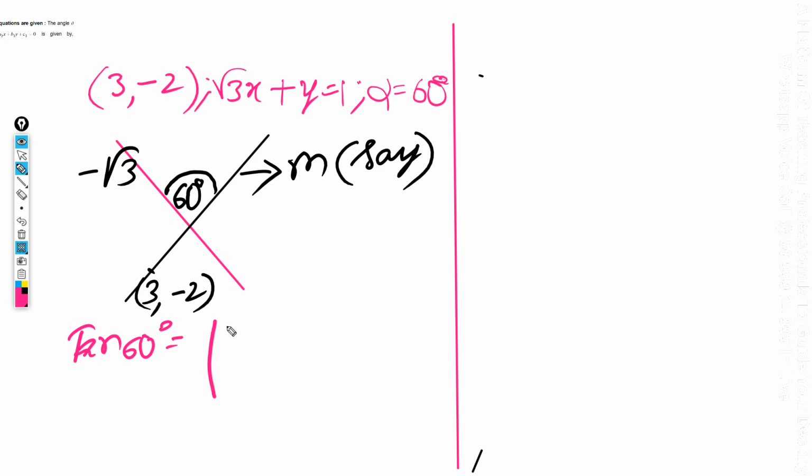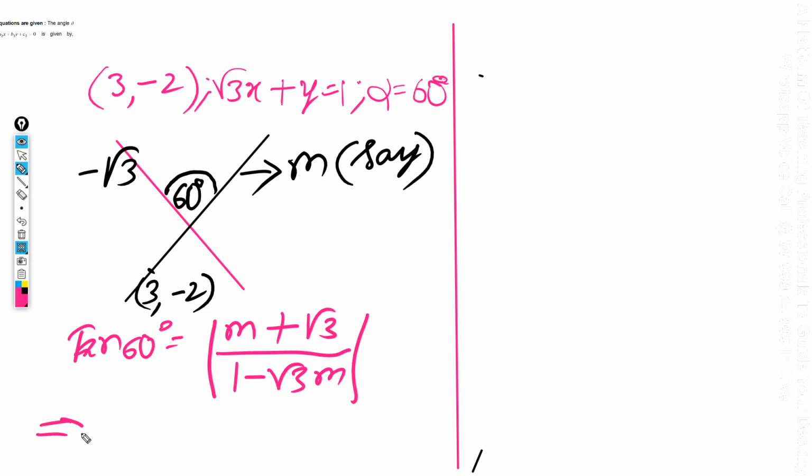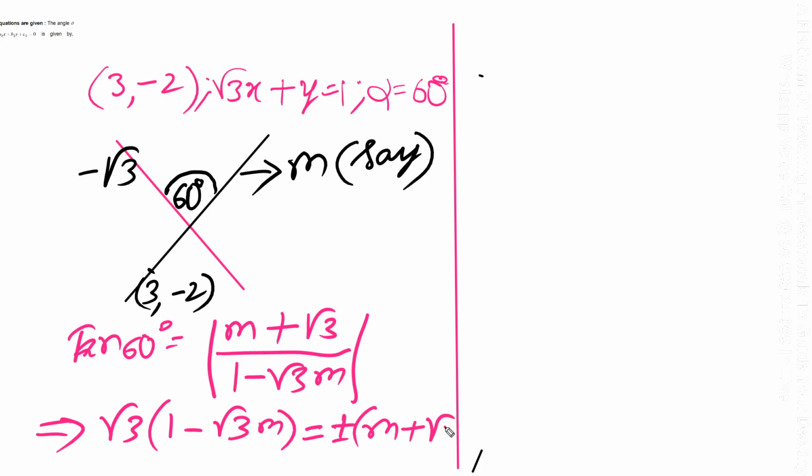So m1 minus m2, that is m minus of minus root 3, by 1 plus m1 m2. So what is tan 60 formula? Tan 60 value root 3 into 1 minus root 3 m is equal to plus or minus m plus root 3. Because we are removing the modulus, you have to write plus or minus there.